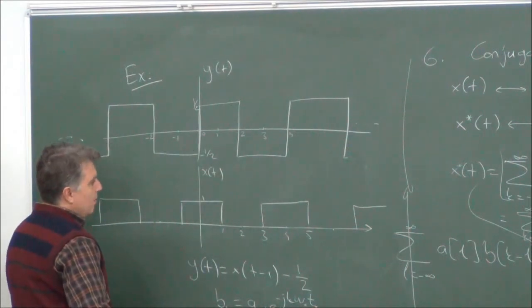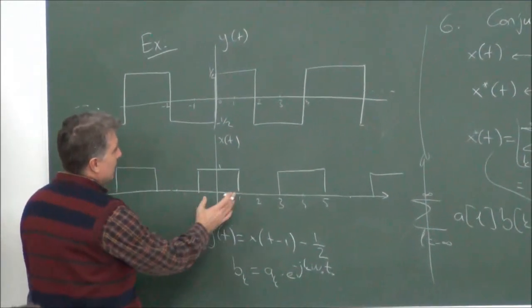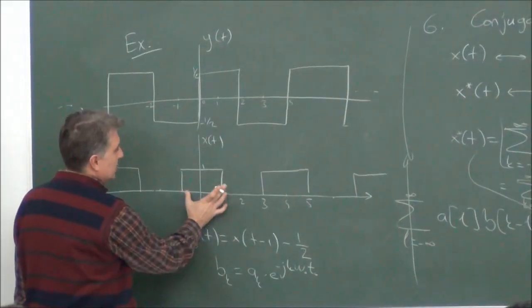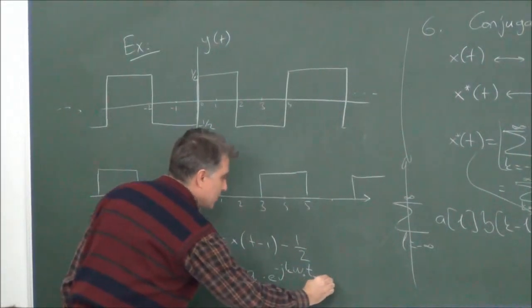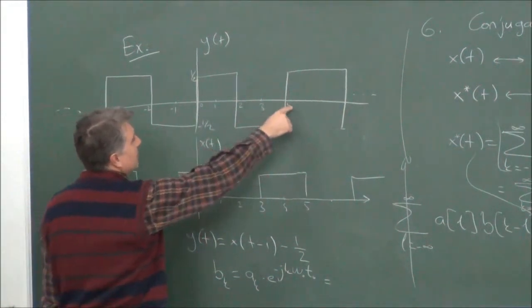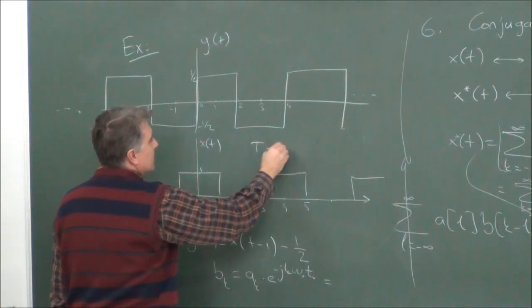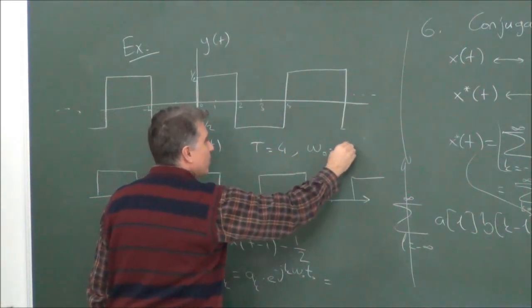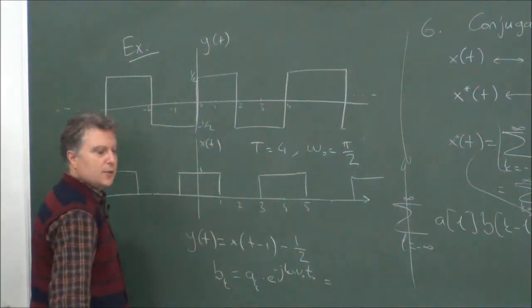Okay, but what is t0? t0 is 1 because it is shifted to the right by 1, so t0 is 1. What is omega 0, by the way? What is the period here? The period is 4, so omega 0 is 2 pi over 4 or pi over 2. This is omega 0.